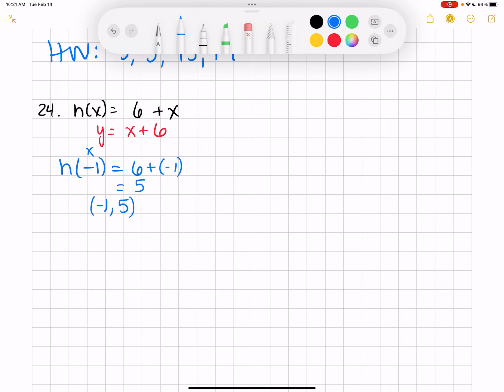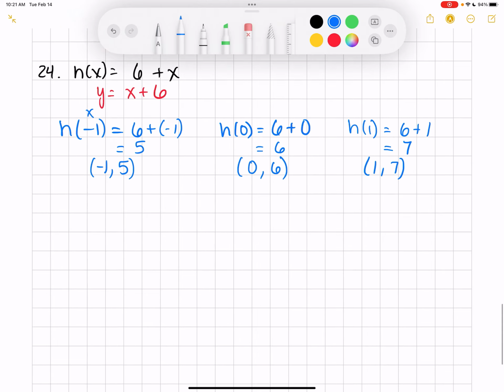I'm going to do another one, so I'm going to do h of 0. So 6 plus 0 is just 6. So then this point is 0, 6. And then h of 1 is 6 plus 1, which would be 7. So this point is 1, 7. And then we would just set it up and we would plot those points.